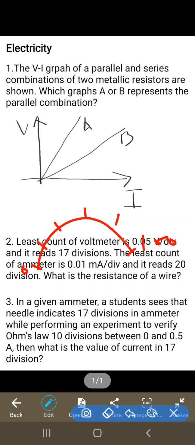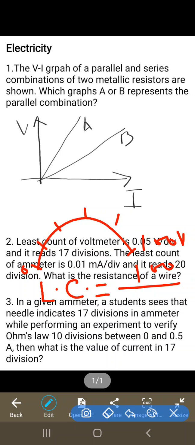Least count, which we denote by LC, is defined as the total range upon the total number of divisions. Say the maximum range is 100 volt for a voltmeter, or for an ammeter it is 100 milliampere.